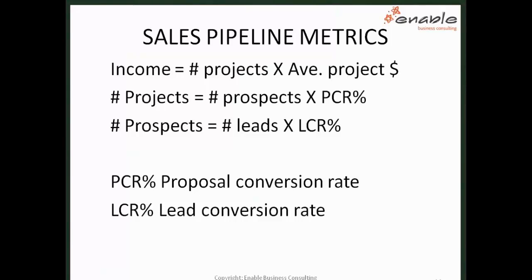So that is the number of people who actively make inquiries times your lead conversion rate. And that lead conversion rate is how successful you are at getting people who contact your firm to become prospects. Okay, so hopefully so far nice and straightforward. If you have any questions, do feel free to ask or pop them into the chat box as well if you like.